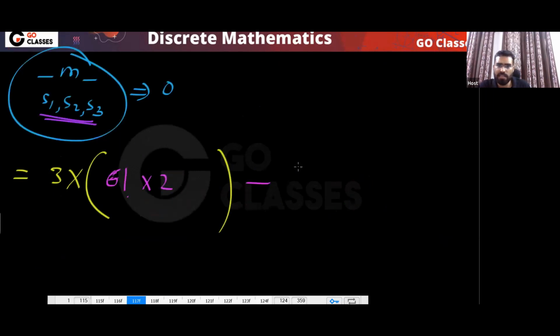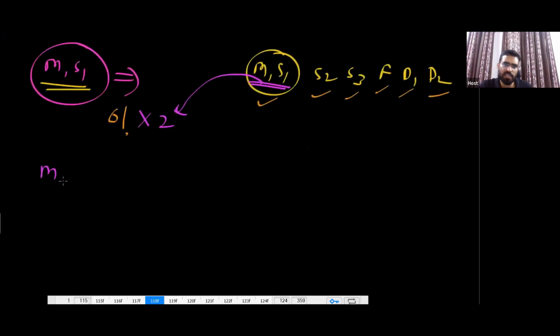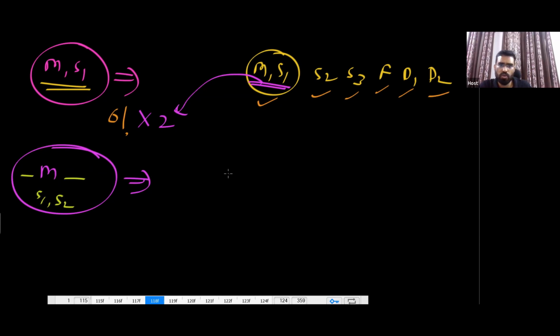So here I can say minus 3 multiplied by mother with S1 comma S2. How many possibilities for that? You put M, S1, S2 in a box.